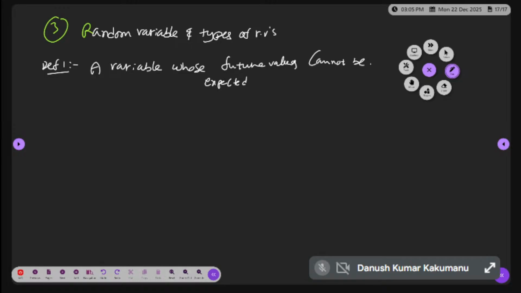So many examples I have given already: voltage fluctuations, temperature variations, they're all the same examples.